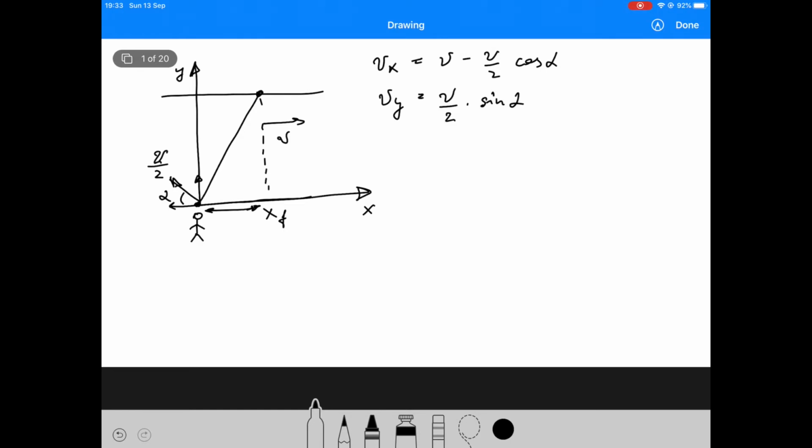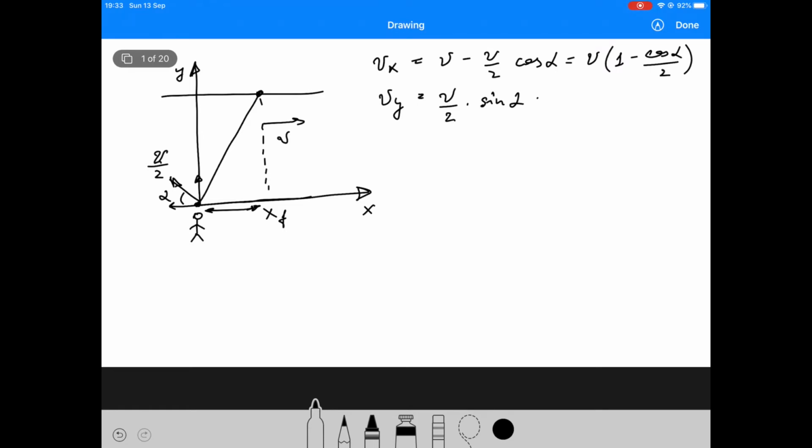So based on this we can write Vx as V times 1 minus cosine alpha divided by 2, and Vy we cannot simplify, it's already simple.